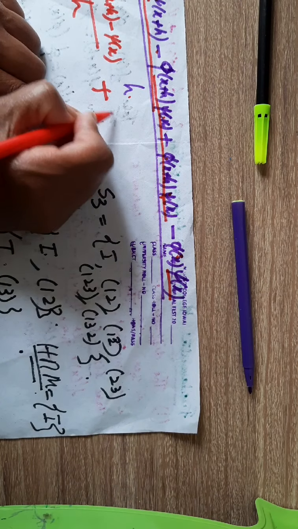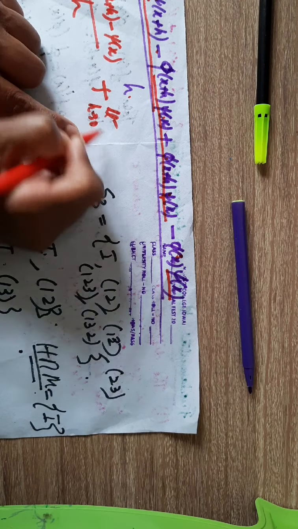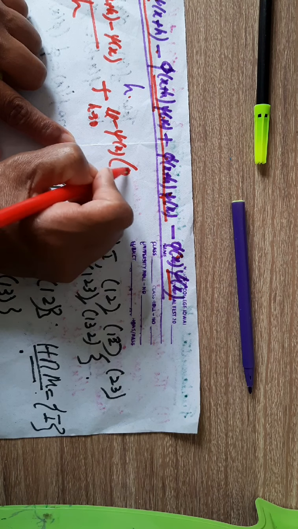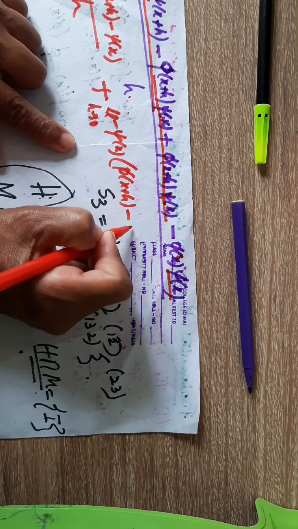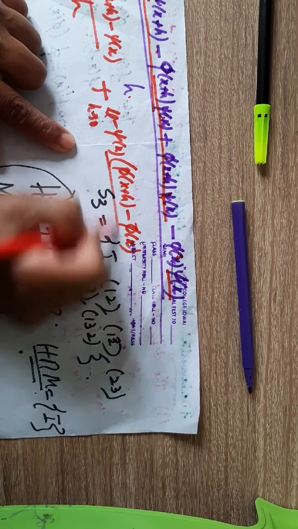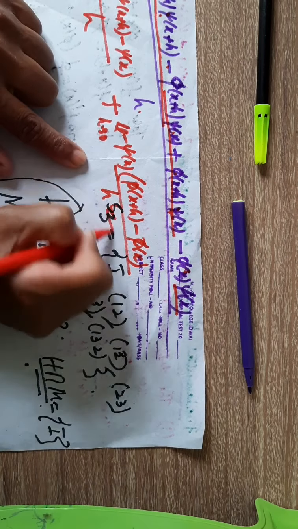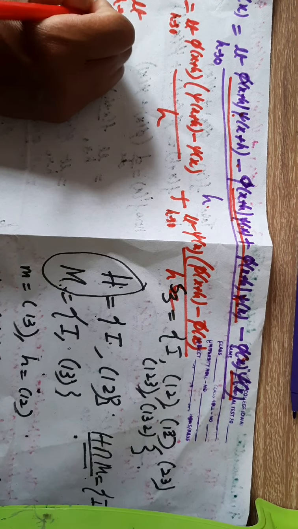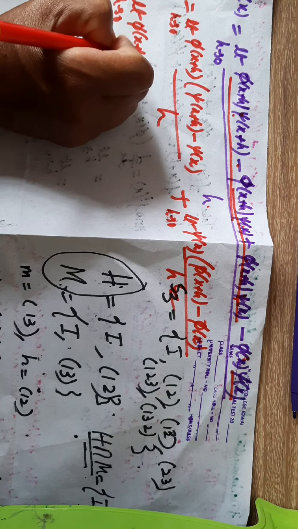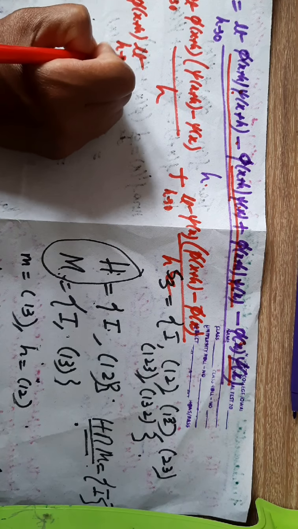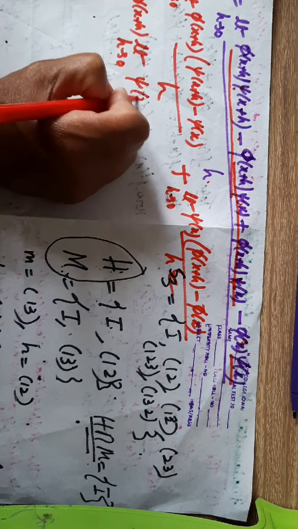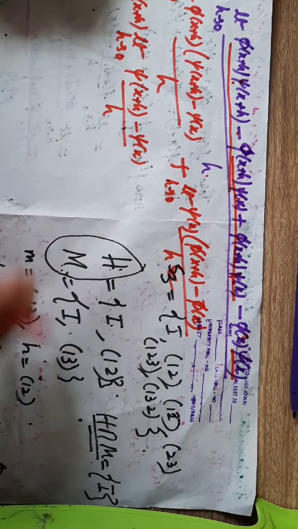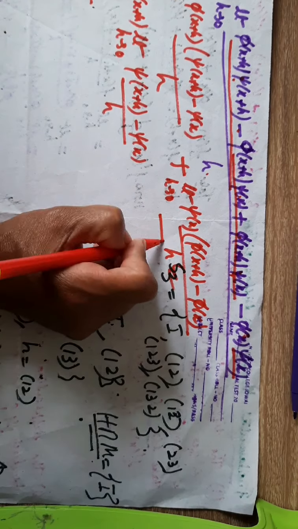You combine these last two, it will be limit h tends to 0 chi of x, you take it out and then into phi of x plus h minus phi of x, whole thing divided by h. So this is equal to limit h tends to 0 phi of x plus h into limit h tends to 0 chi of x plus h minus chi of x divided by h plus now this one.